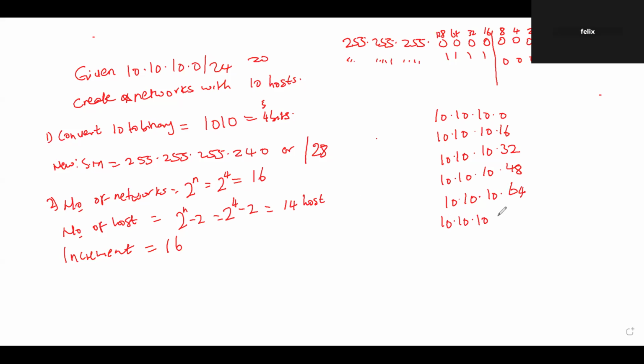Dot 80. What will be the next one? Let me calculate this. It's going to be 96. So how many have we listed? 1, 2, 3, 4, 5, 6, 7.